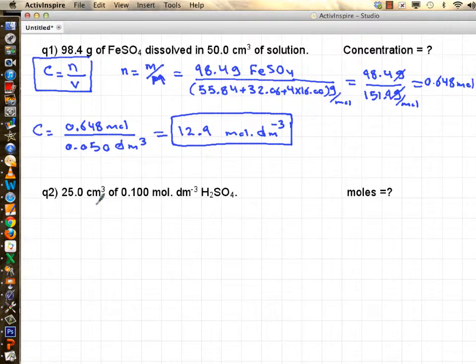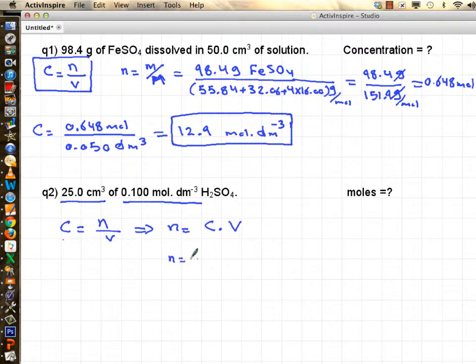One other question which is extremely important, immediately you have to find moles, and usually we give you the volume and we also give you the concentration. In this example, you have 25 centimeter cube of 0.1 mole per decimeter cube of sulfuric acid. Now, if you go after this ratio of concentration is moles over volume, so moles should equal concentration times volume in decimeter cube.